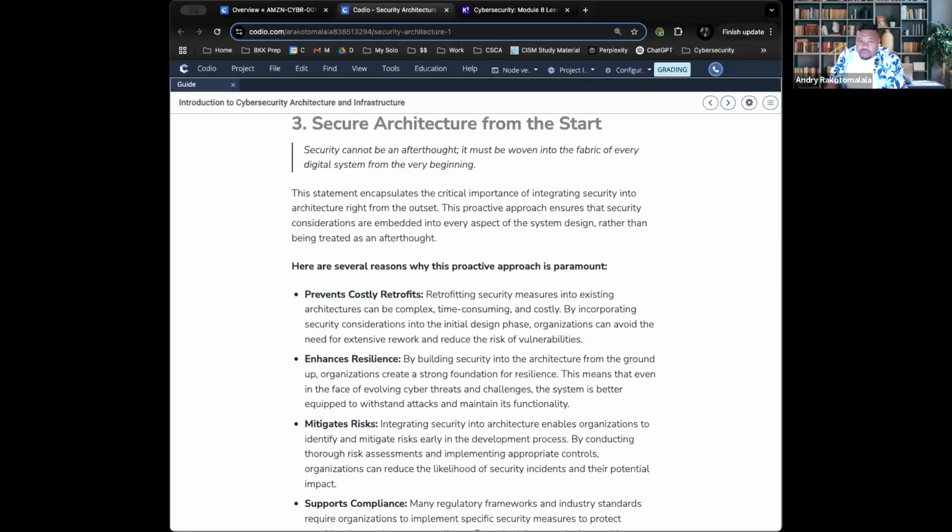Now, when we're talking about secure architecture from the start, it should keep in mind that it's not something that you need to do later. It should be something that you build in from day one, meaning that you start out with the idea of secure infrastructure in mind. This is called security by design. That means building an entire system, an entire platform, an entire software that is meant to be secure from the get-go.